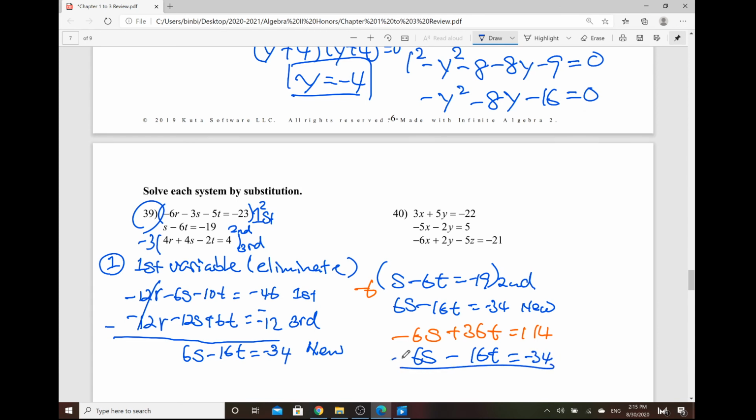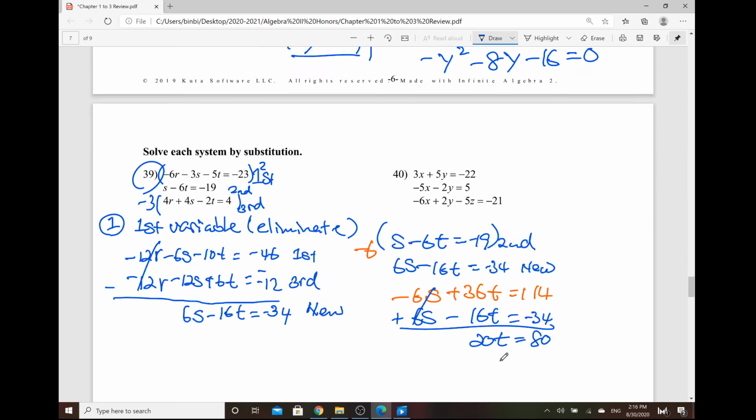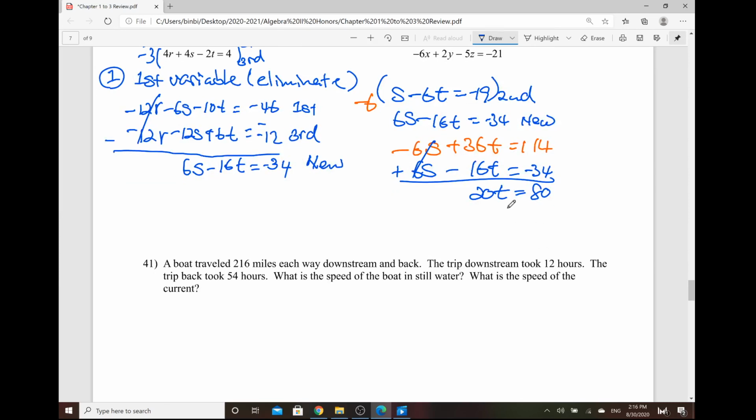Combine them, cancel. So 36t minus 16t, then that will be positive 20t. So that equals 114 minus 34, then that would be 80. So that means t is 4. So we solved for t, and guess what?